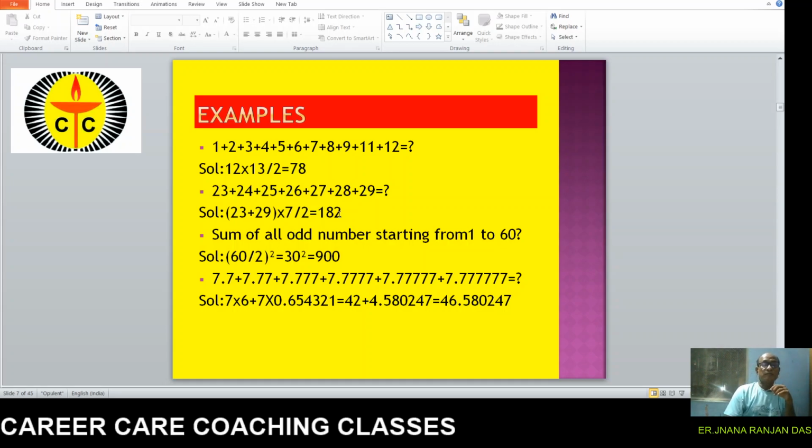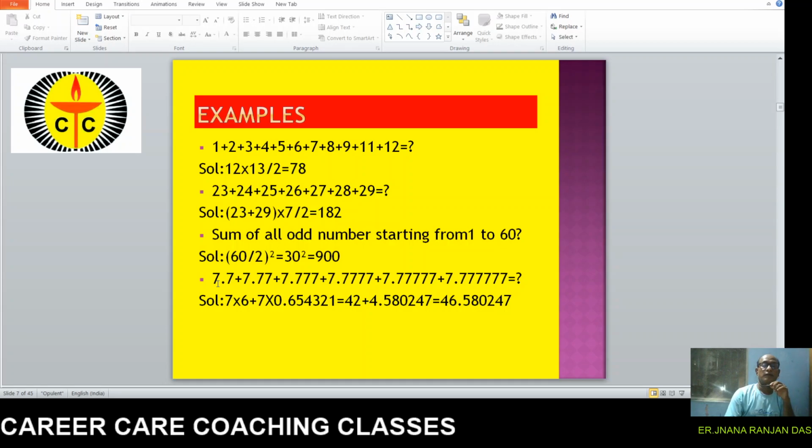Another type of sum is the sum of odd numbers starting from 1 to 60. If the question gives the sum of all odd numbers, what is an odd number? An odd number is one which is not divisible by 2.